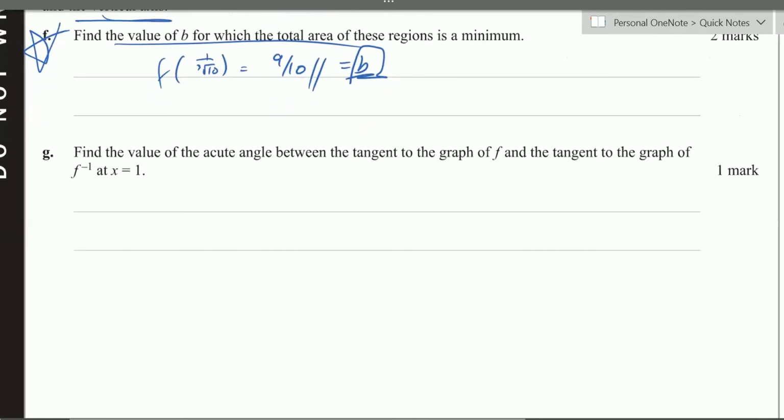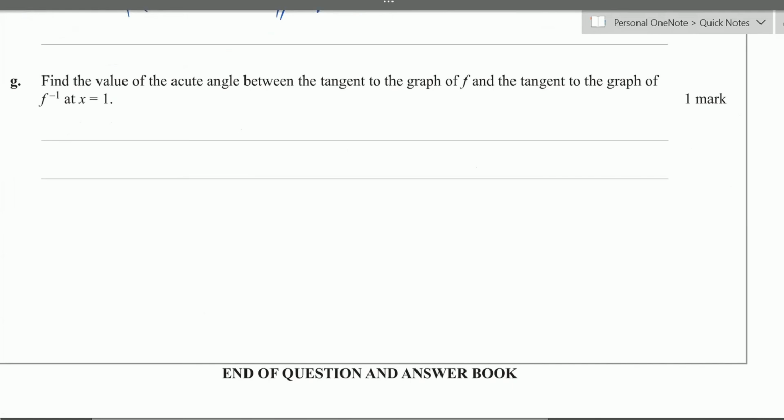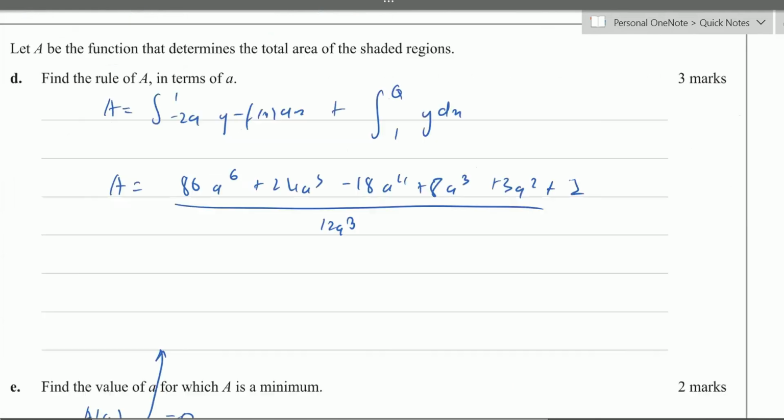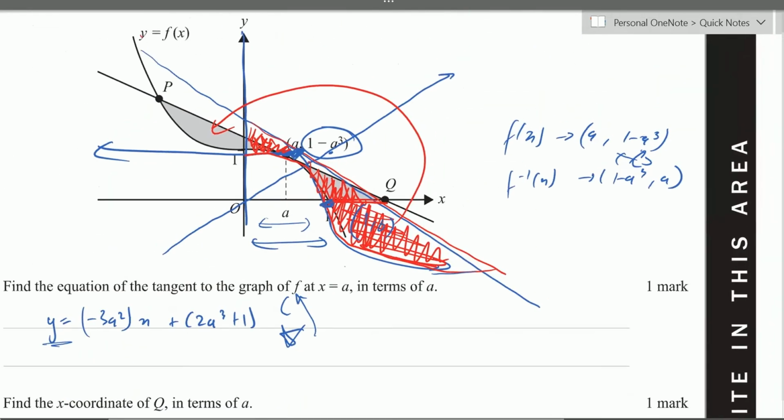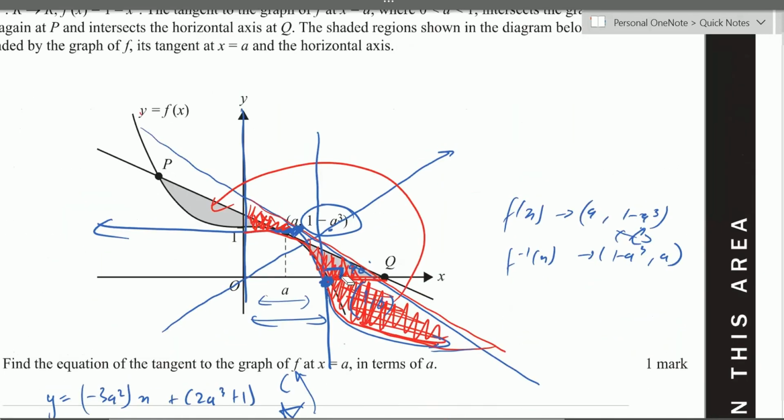So find the value of the acute angle between the tangent of the graph f x and the tangent of the graph f inverse x. So your graph f inverse x, as I said before, is a side-on cubic, and this is a point of inflection. So the tangent at x equals 1 would be a straight line down. So the angle here would be 90 degrees. I'll just erase this.